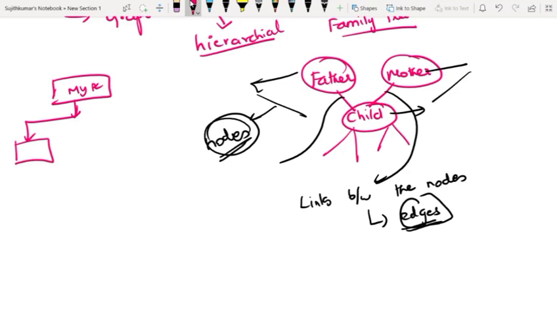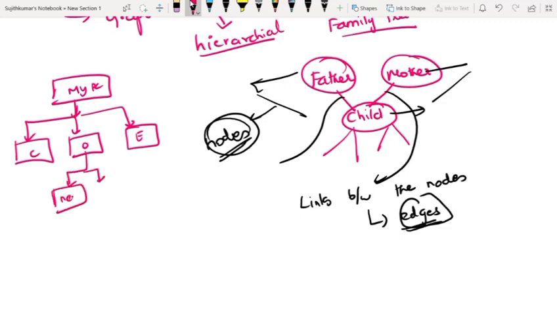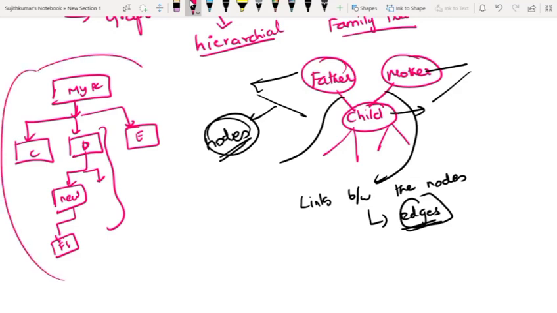I'll get C drive, D drive, and E drive. If I click D drive, here I'll have a lot of folders. Let's say I have a new folder, and inside that I have a new file. This is called a hierarchy, and this follows exactly the tree data structure.